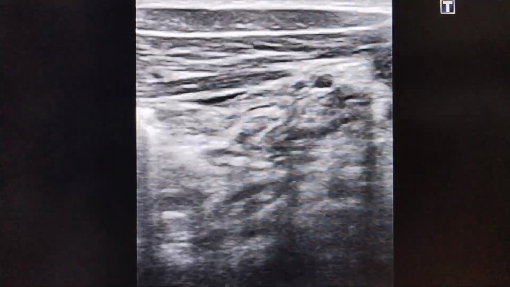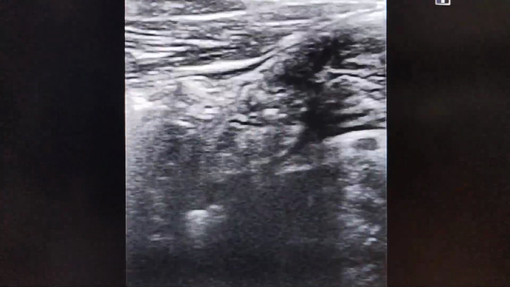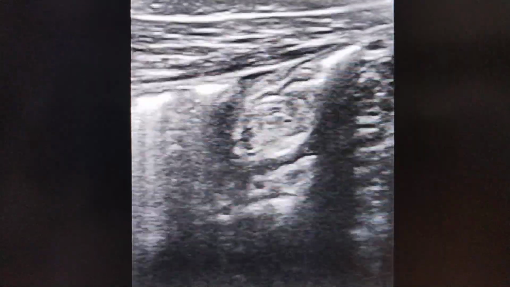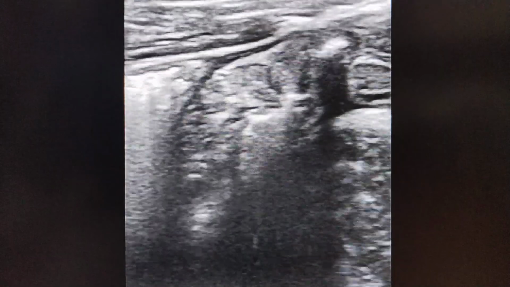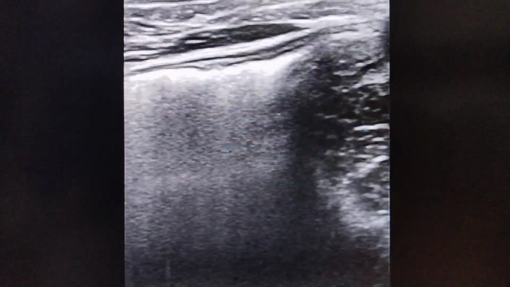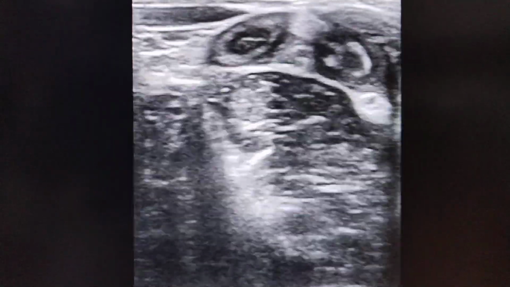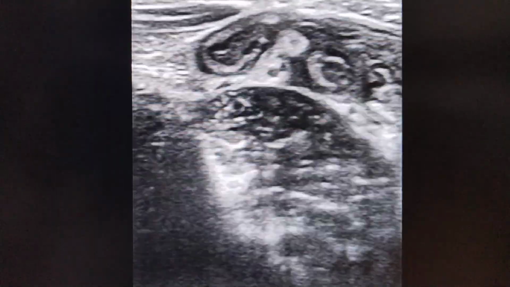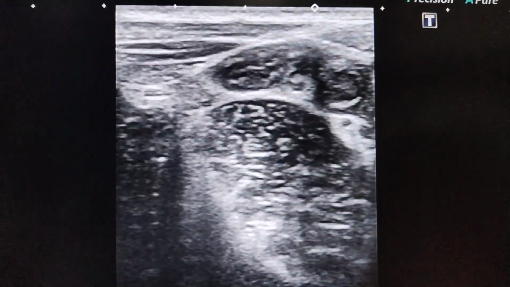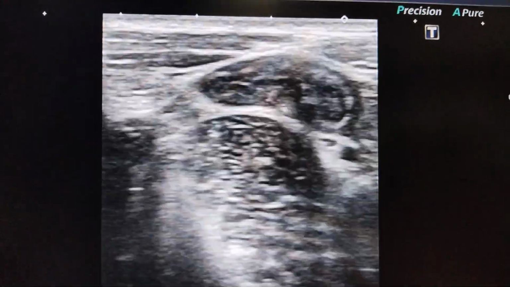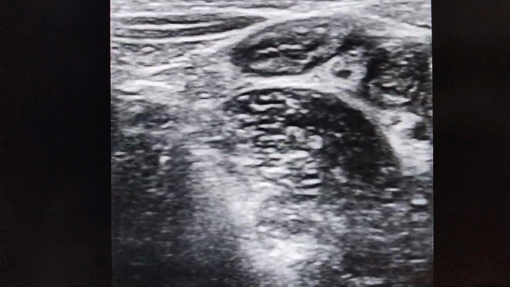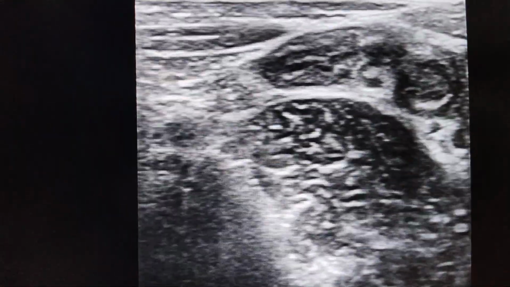Now I am checking the other bowel loops of the ileum, and now I have reached the McBurney point.